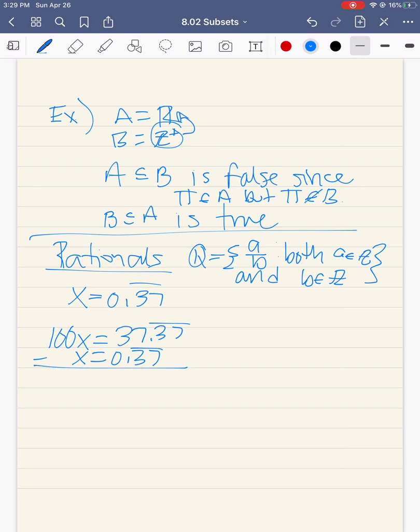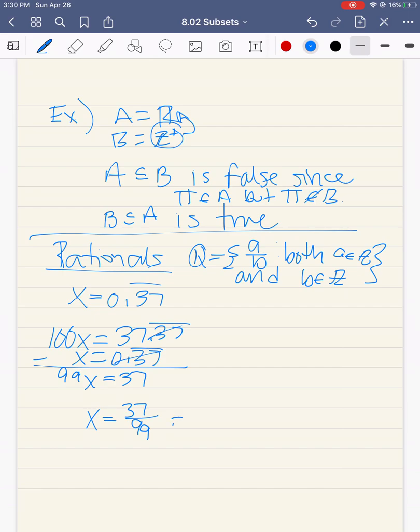Now, the cool thing that happens is that this repeated decimal is going to cancel out from the original value. So I'm just left with 99x is equal to 37. And now I can say x is equal to 37 over 99.